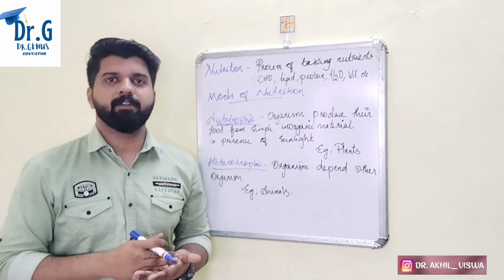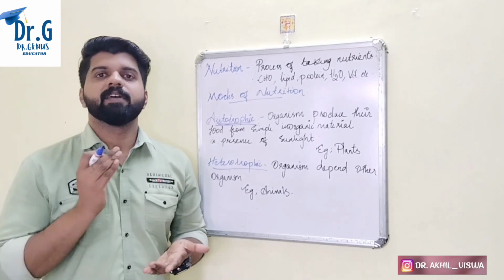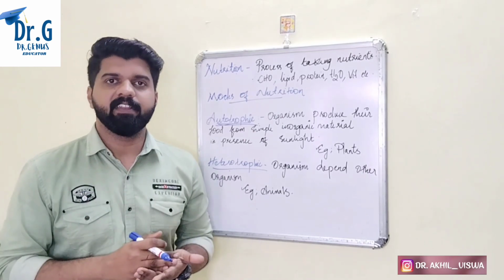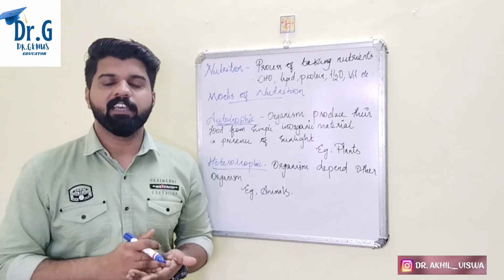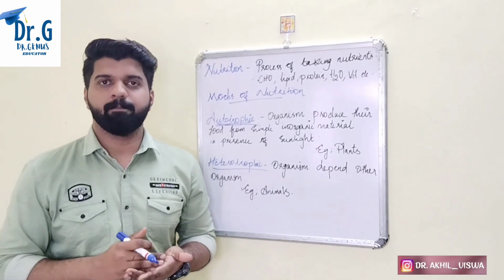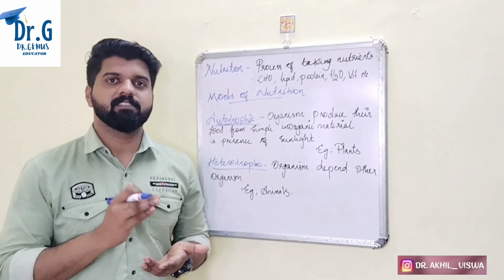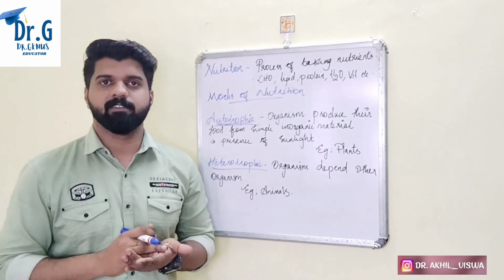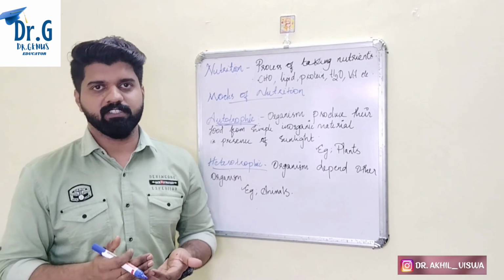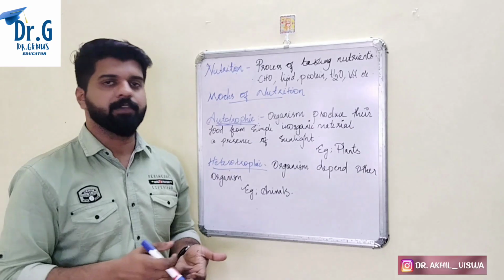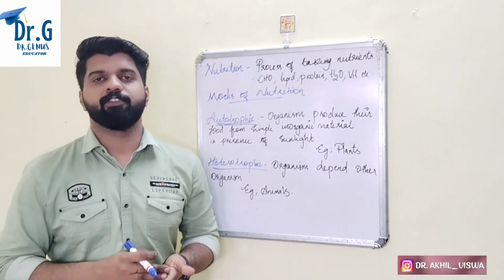With the help of carbon dioxide and sunlight, they utilize the energy and produce their own food materials along with a pigment called chlorophyll. Chlorophyll is the pigment which is present inside the green leaf. This process is called photosynthesis. We will see what photosynthesis means and its importance in coming discussions. So this is called autotrophic nutrition.